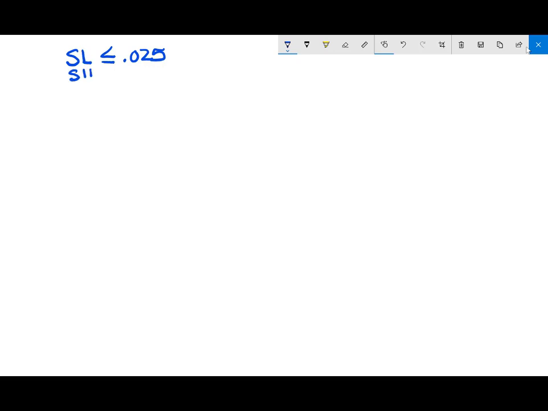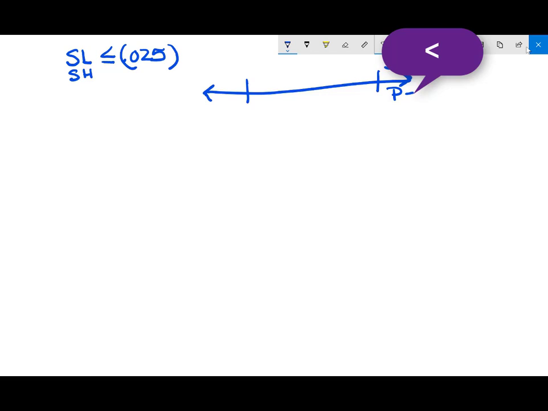Or significantly high. So this is our probability. Okay, let's draw. So we're going to say it's significantly high if the probability is less than 0.025. It's significantly low if the probability is less than 0.025.